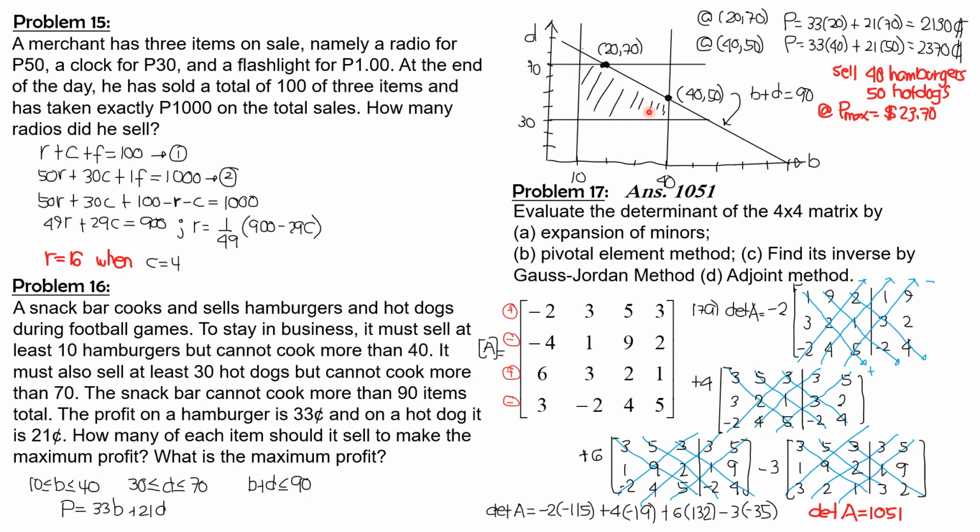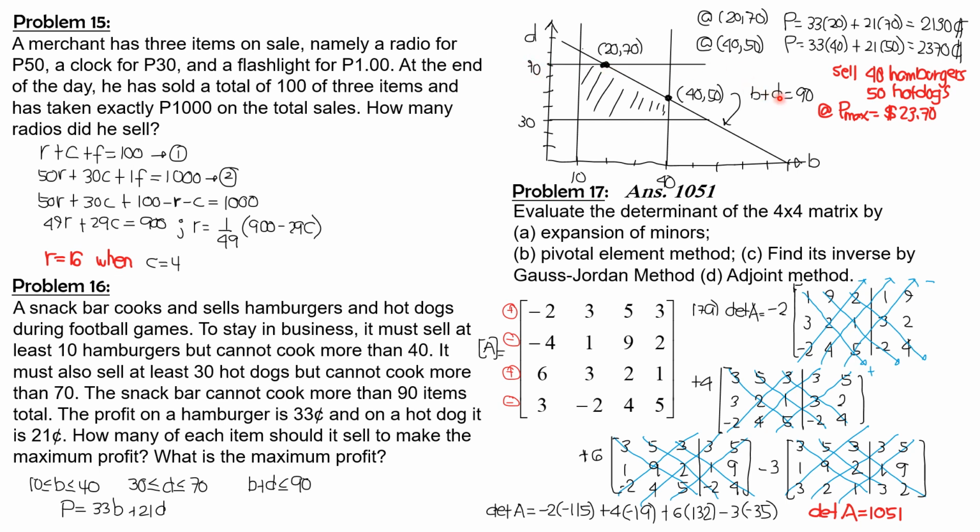But to maximize profit, it should be farthest from the origin. So these 2 points are farthest from the origin. This point in particular lies on this horizontal line. At the intersection between this line and this horizontal line, we know that the number of hot dogs is 70.